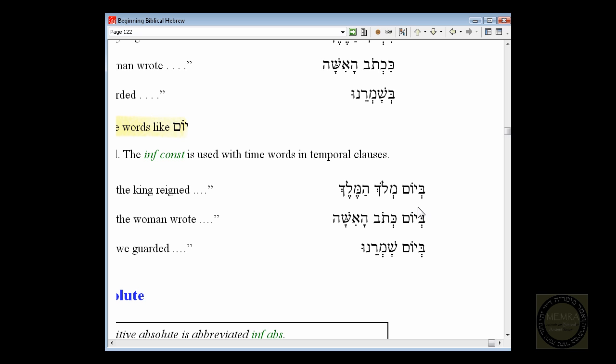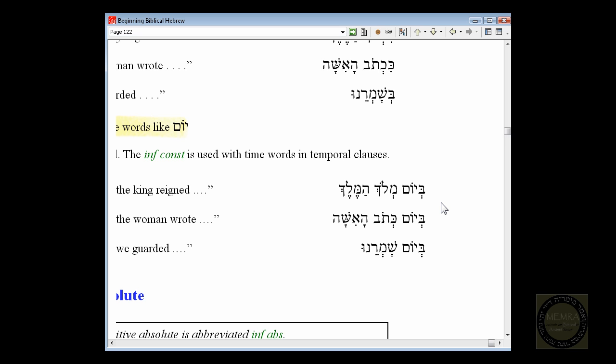Well, it doesn't really make much sense. You should remember, look at this. We have be yom. If we had just this be attached to the infinitive construct, you'd translate it when, if it was prefixed like that. So that might help you, just as a mental way to memorize these things.